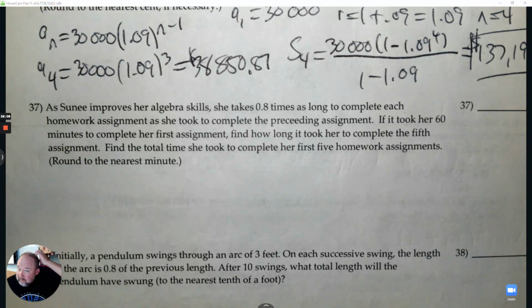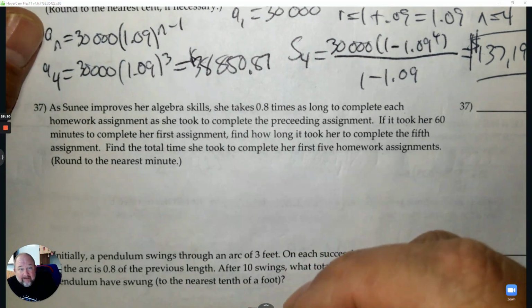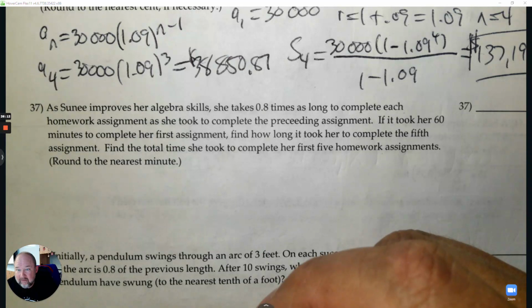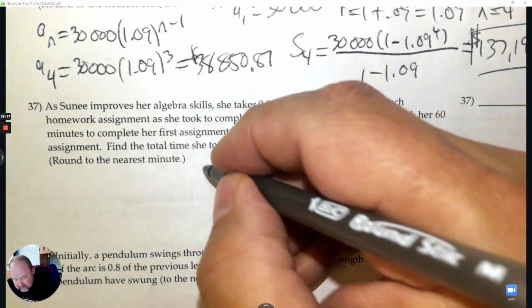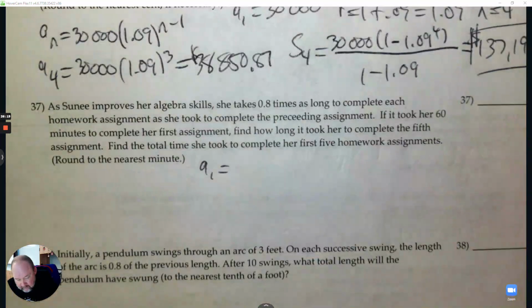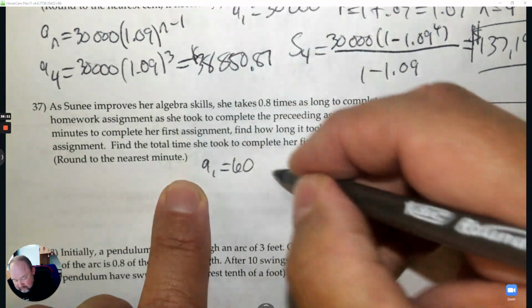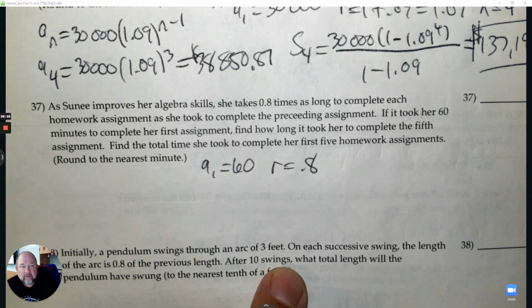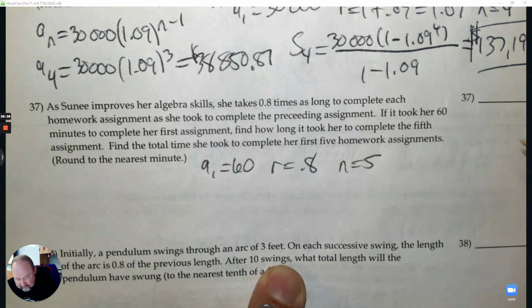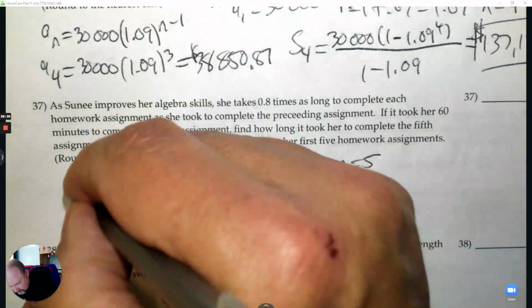All right, Sunny improves her algebra skills, takes 0.8 times as long to complete each homework assignment as she took to complete the previous one. It means it takes less time. It took her 60 minutes to do the first one, and the rate is 0.8. Find how long it takes to do the fifth one. So we're going to model it, and then the total time.